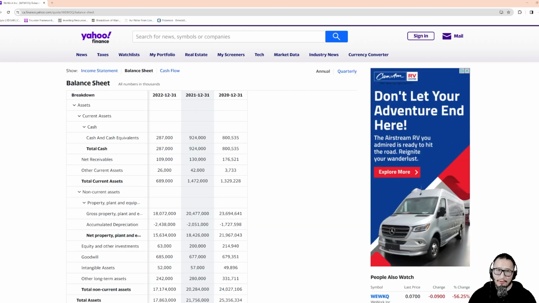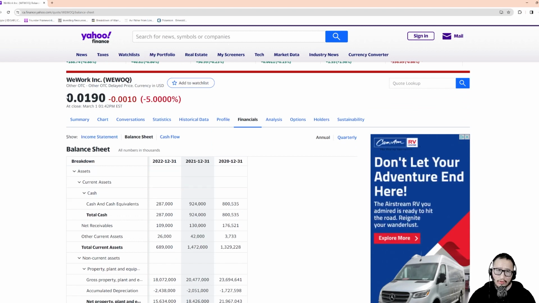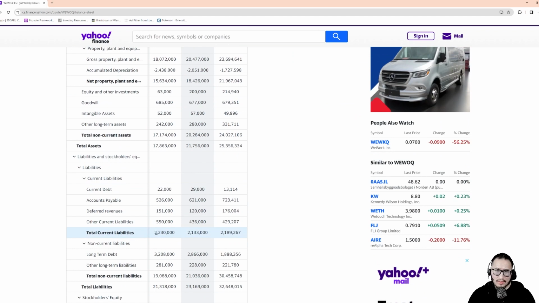Now, let's look at a third company, probably one of the most financially sound companies in the world, WeWork. That was a joke. Now, if we look at WeWork's cash and cash equivalents, it's about $287 million. And if we compare it to their current liabilities, it's about $2.23 billion. Damn.